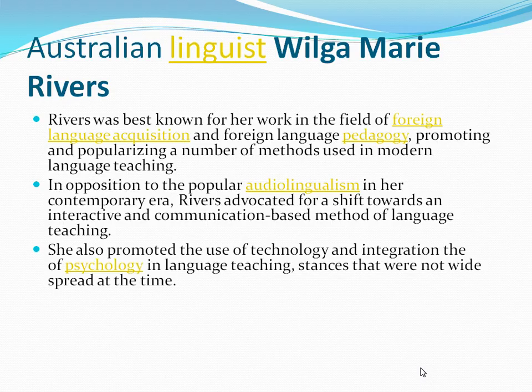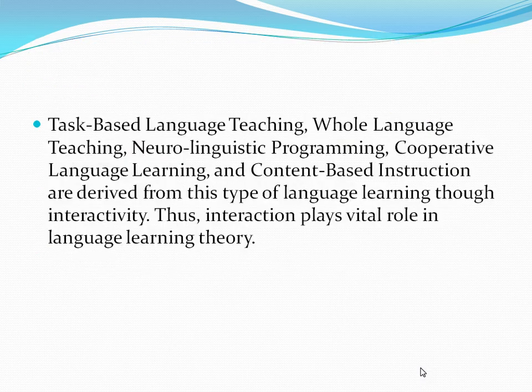So these linguists have come up with this idea. So text-based language teaching, whole language teaching, neuro-linguistic programming, cooperative language learning and content-based instruction are derived from this type of language learning through interactivity. So we have the structural view, functional view and interactive view of language.